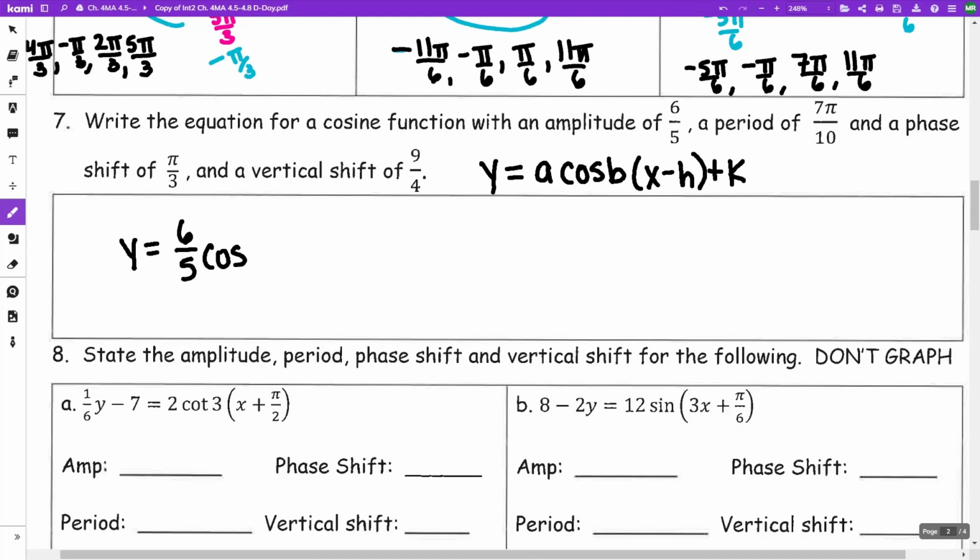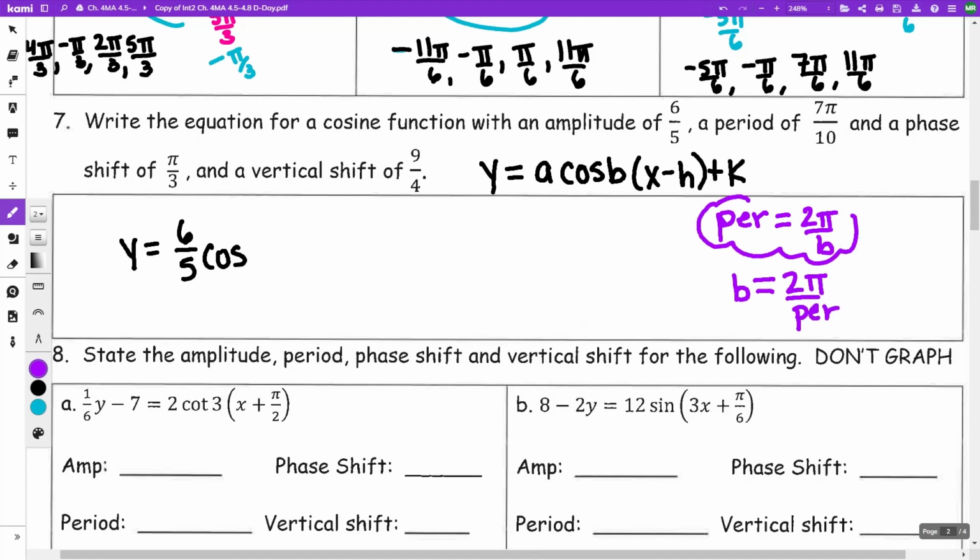Now for my b, we have two ways to think about your b. We know that our period is equal to 2 pi divided by b. We also can rewrite that as b is equal to 2 pi divided by our period. I think I'm going to use this first one because I don't want to put a fraction in the denominator. I can do it, but I'm just going to use this one.